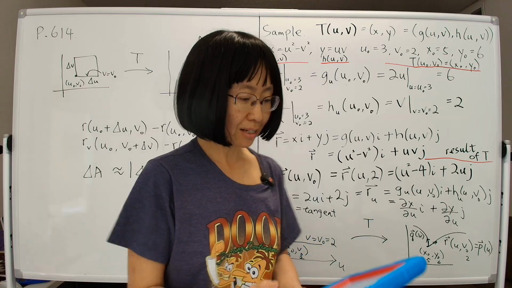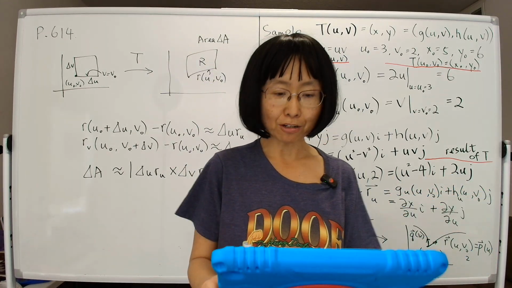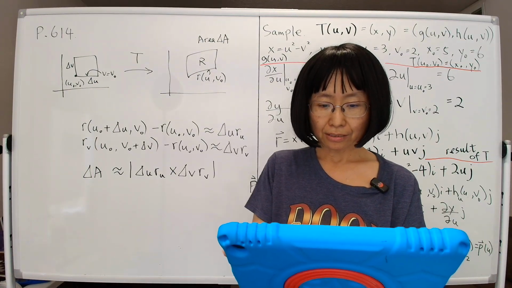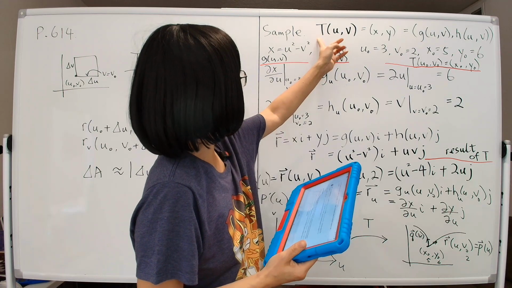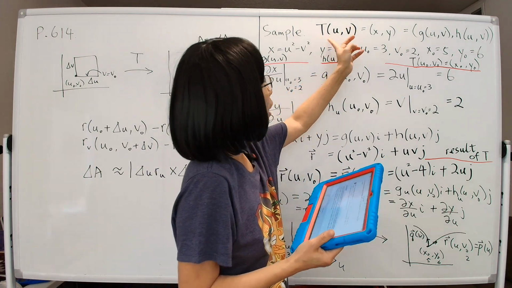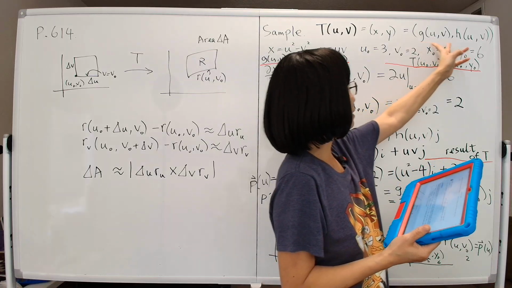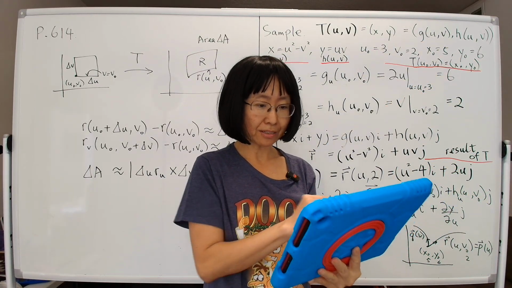So now that we know all this stuff, let's look at the Jacobian on page 614. The Jacobian is, first, we have the same situation. We have a sample transformation that takes uv to xy, defined as g and h that way. Okay, now let's look at the next page.